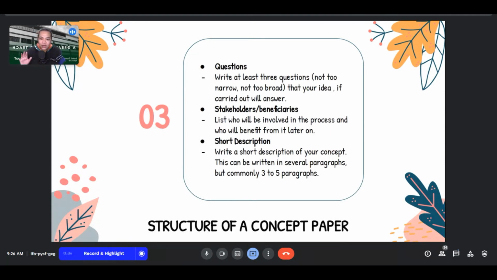Kung ano lang yung alam nyo na kayang sagutin ng research ninyo. Okay? Kasi minsan, another tip for your research next sem in the coming years, nalalaglag tayo sa research questions because we're not asking the right type of questions. Okay? So, make sure that we phrase the questions in the right way.